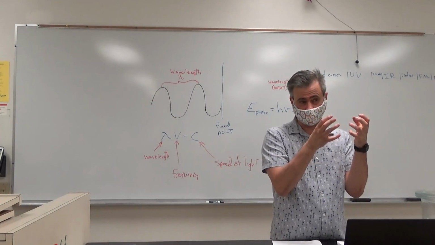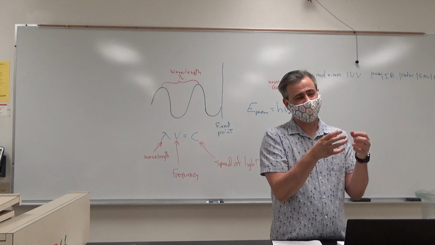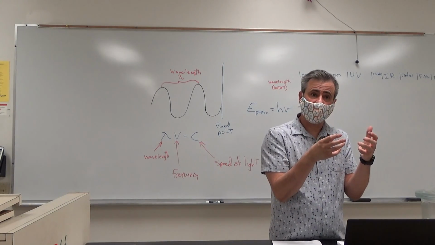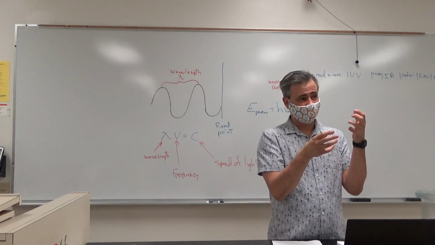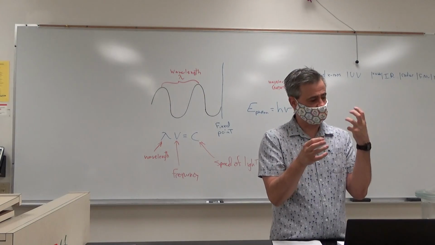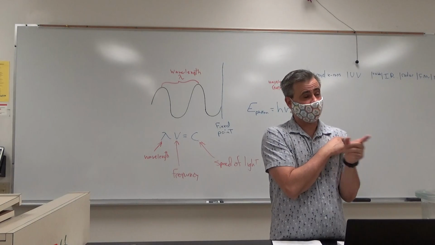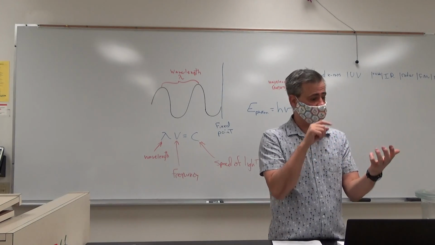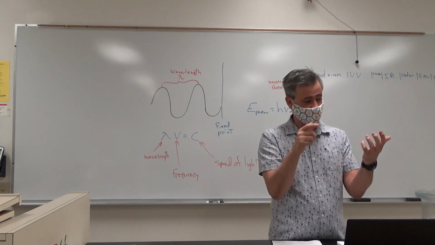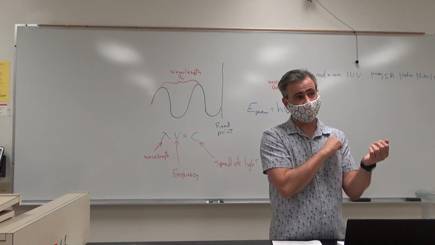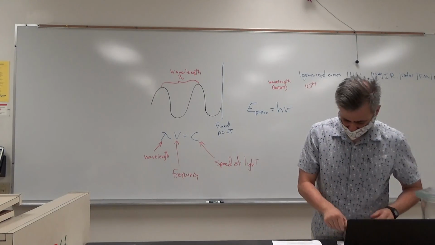The more s character you have, the stronger the bond. So if everything else is the same, a carbon bound to a hydrogen that is sp2 will have a stronger bond than a carbon bonded to a hydrogen using an sp3 orbital, because of the hybridization.